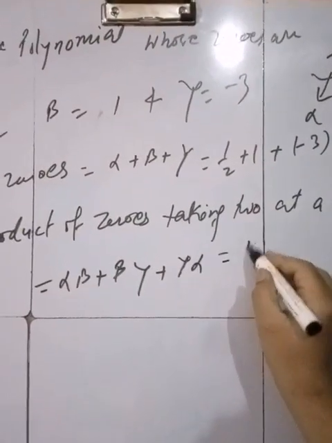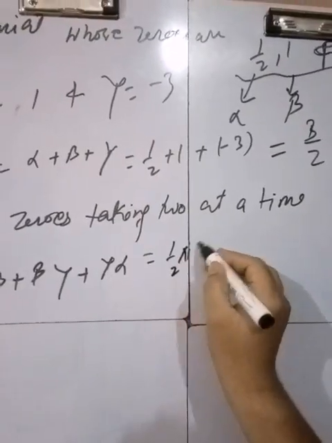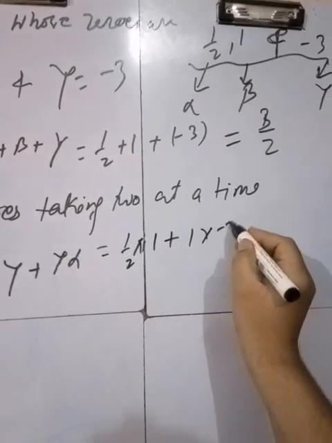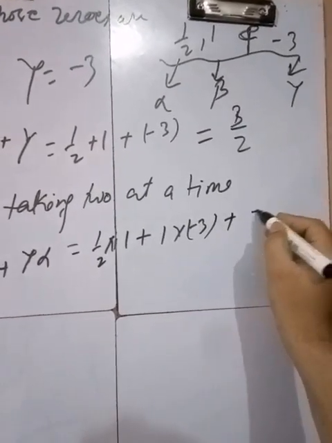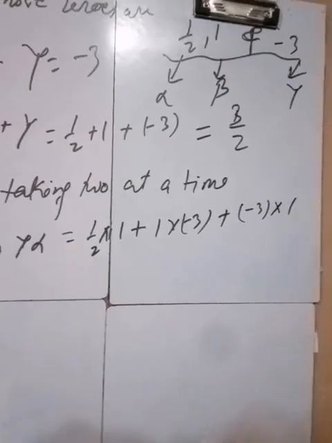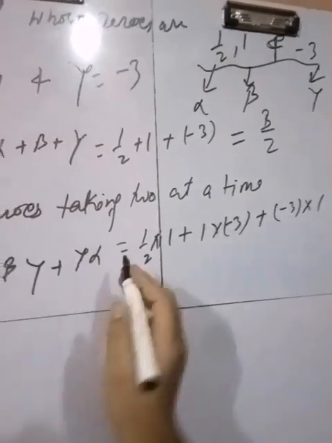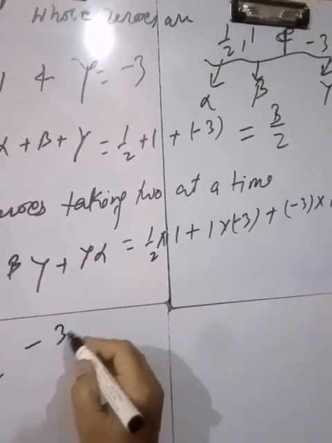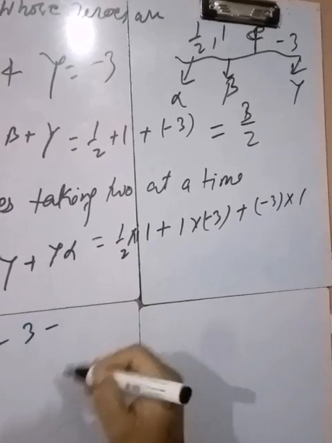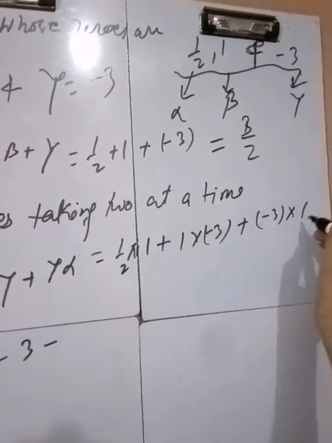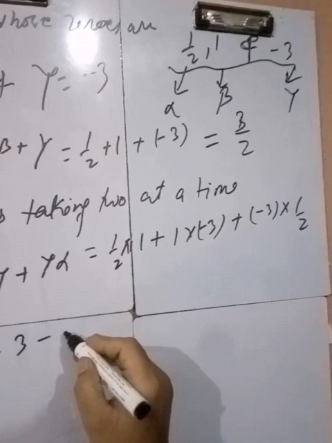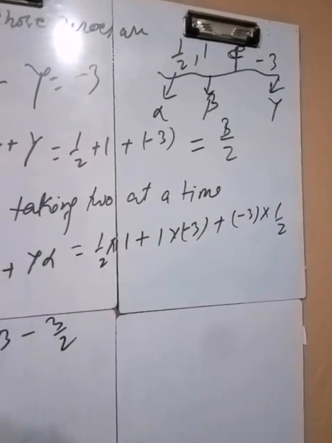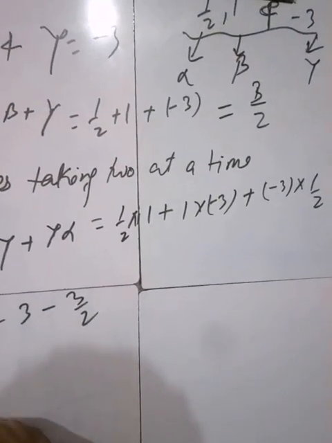So this will be 1 by 2 into 1 plus 1 into minus 3 plus minus 3 into 1. In this situation we get 1 by 2 minus 3 minus 3 by 2. So finally we will get -4.